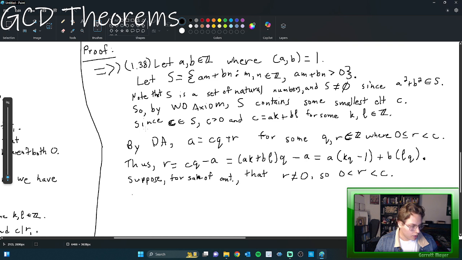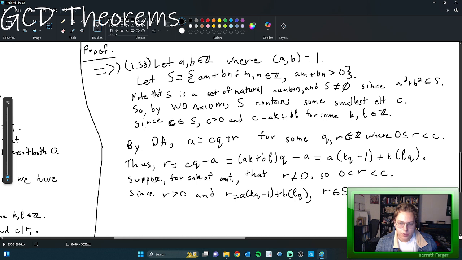And this means, so since r is greater than 0, and r equals a(kq minus 1) plus b(lq), r is in that set S, right there.